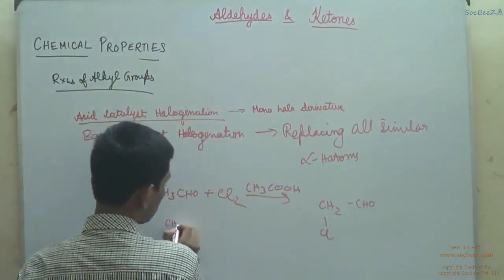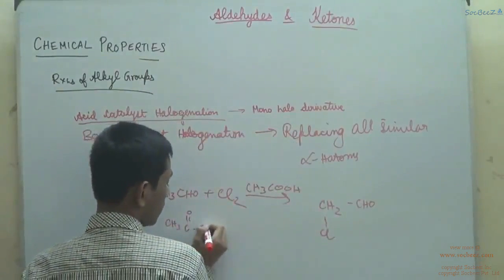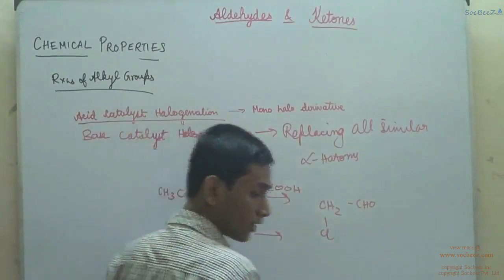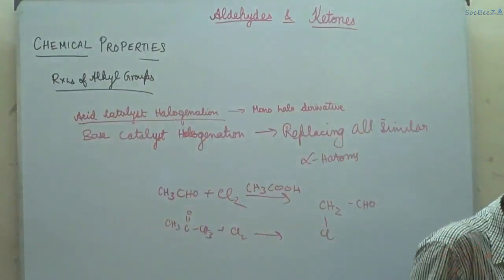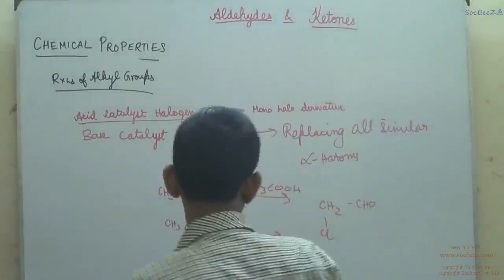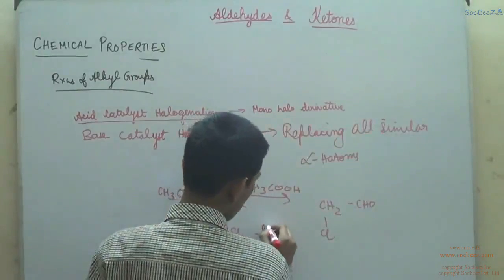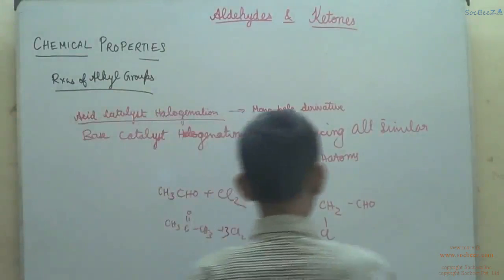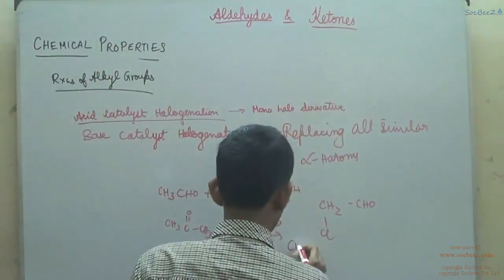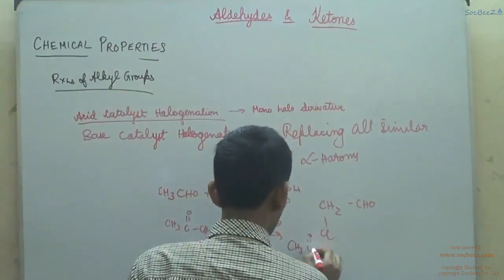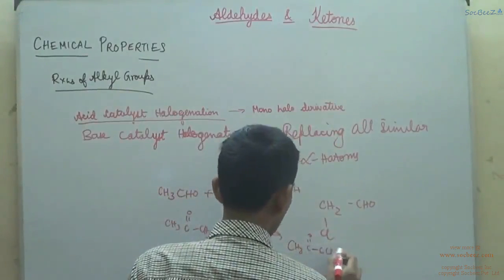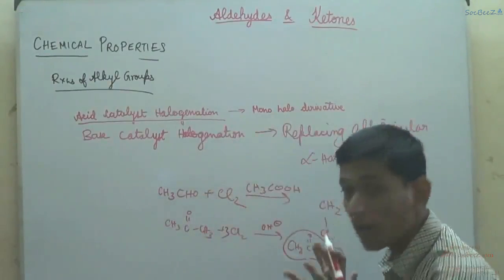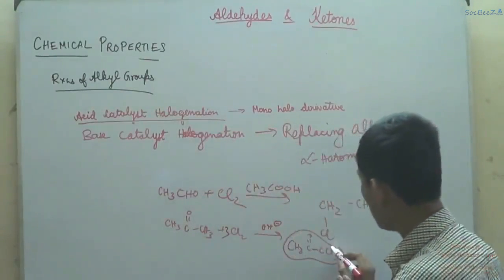Whereas, suppose I take acetone and I take Cl2 and I use some base, let's say OH minus. See, chlorine should be available in abundance. What happens in this case? You get CH3COCCl3. So you see all the similar alpha hydrogen atoms here are replaced.